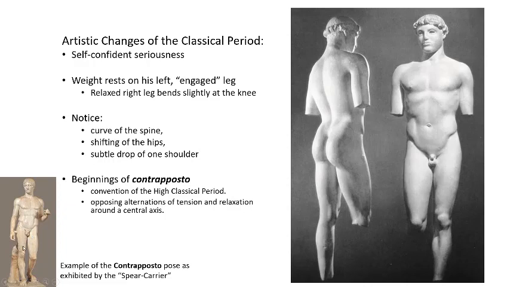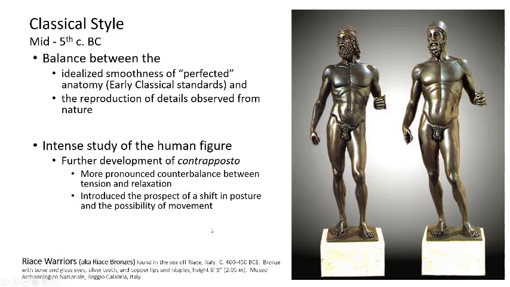He's probably the archetypical example of this contrapposto pose, and you can see it just starting to happen with our boy on the right here. It becomes its most exaggerated version in the spear bearer, which we'll look at again later. Here you can see it even more accentuated than the Critias boy.